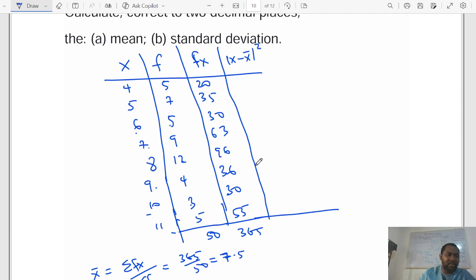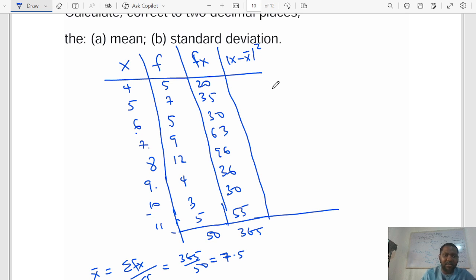So let's start with x minus 7.3. Give me a second. We start with the first one, which is 4.